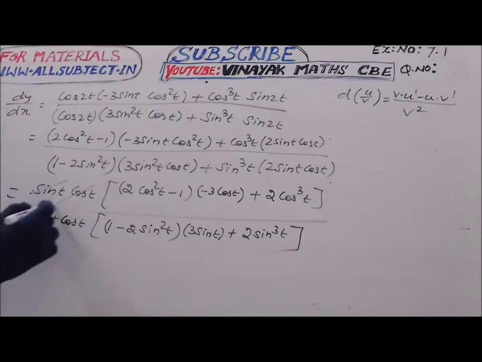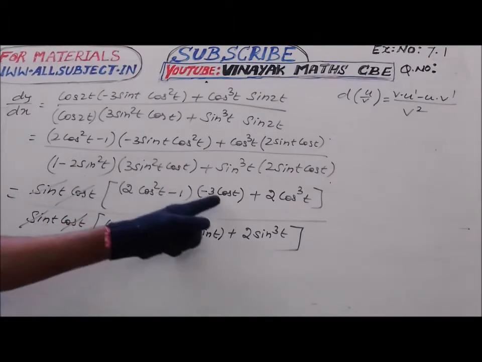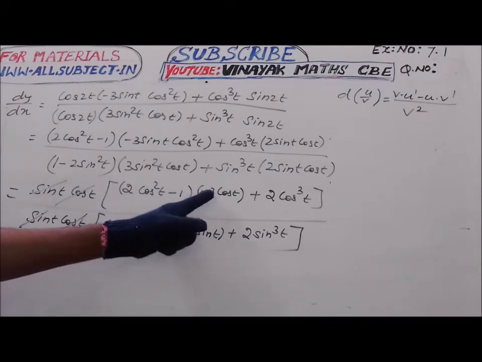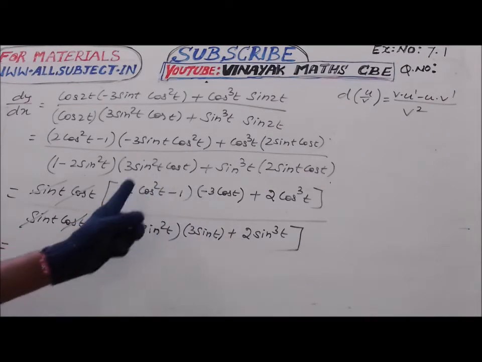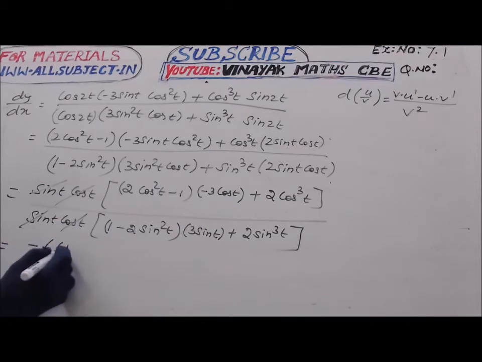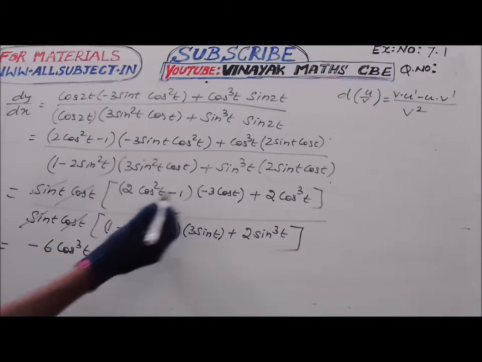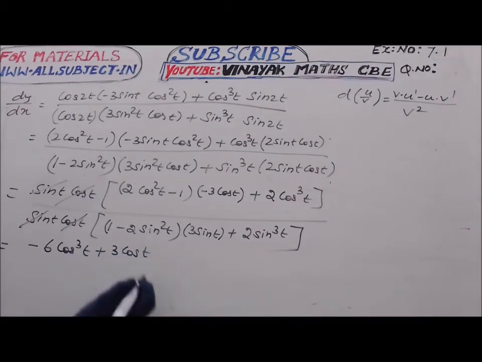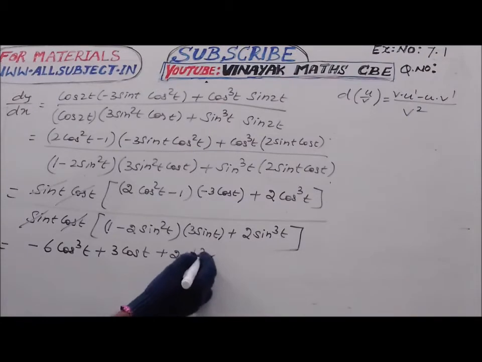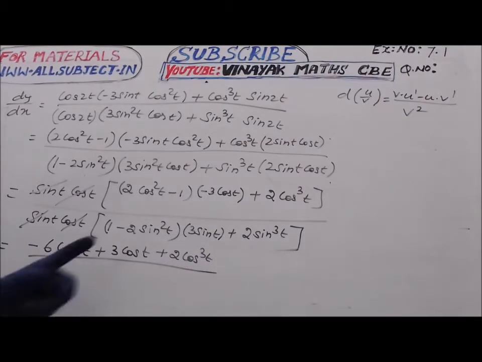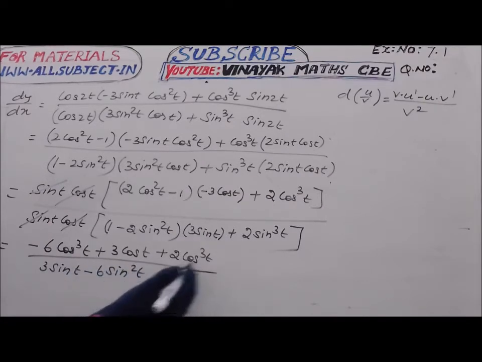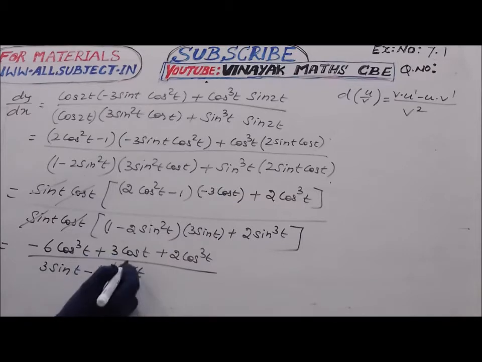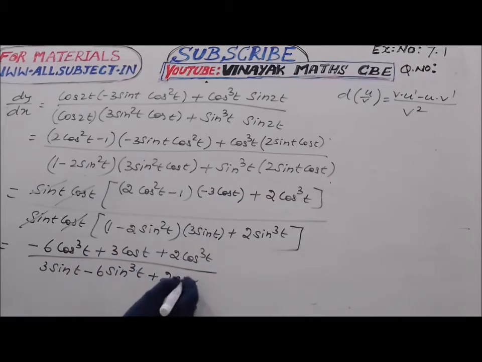And sin t cos t gets cancelled. Now multiplying minus 3 cos t inside, we have minus 3 into 2 is minus 6 cos cube t, and then minus into minus gives plus 3 cos t, plus 2 cos cube t remains, whole divided by, multiplying 3 sin t inside, 3 sin t, then 3 twos are 6, minus 6 sin cube t, and the remaining is plus 2 sin cube t.